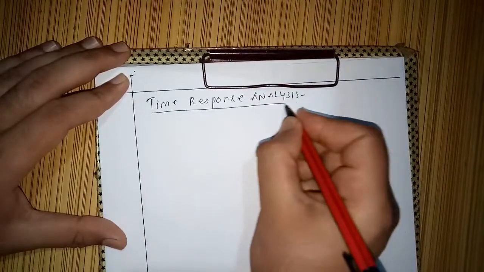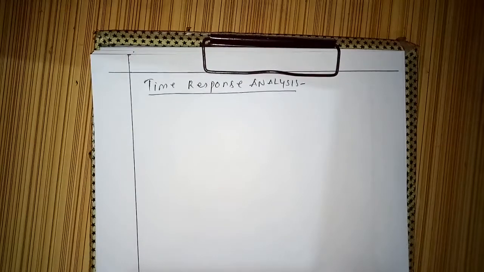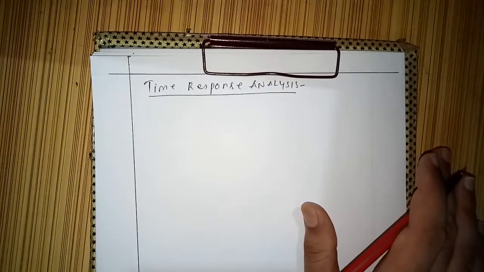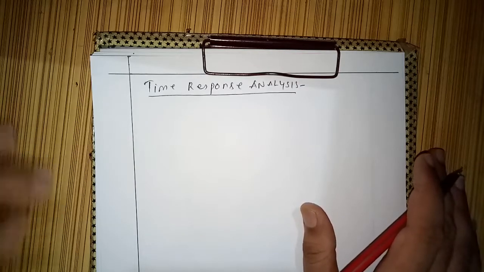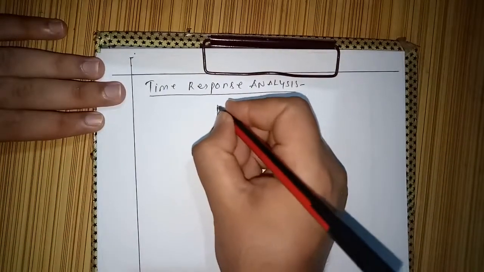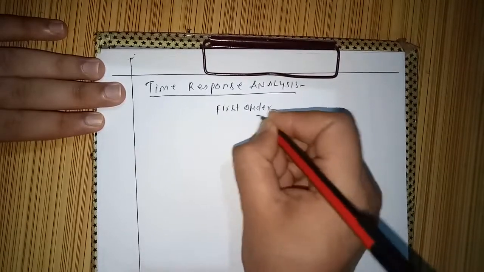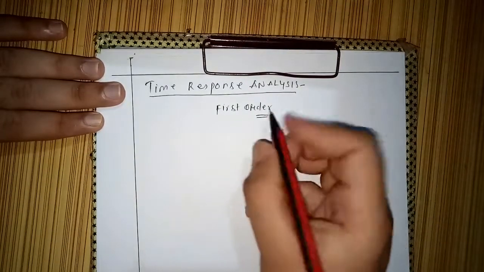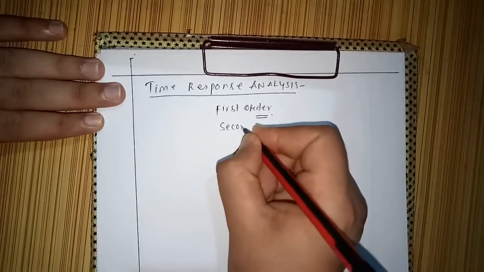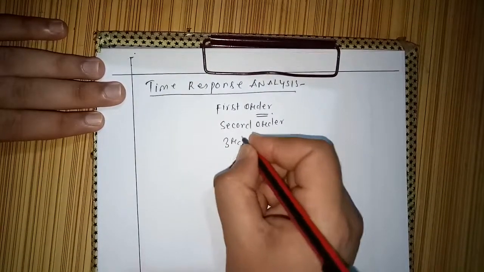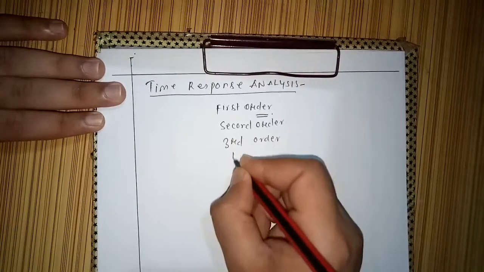Right? So first of all we should understand the types of systems. It can be of first order. Why this is called first order will be clear very shortly. First order, second order, or maybe third order, or other higher order.